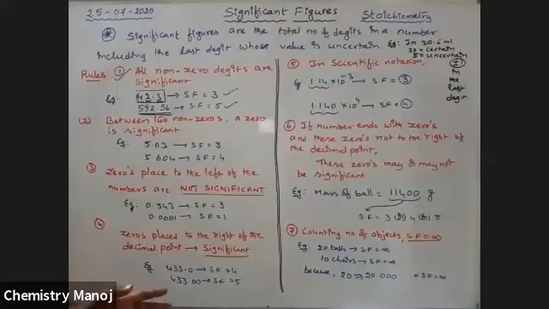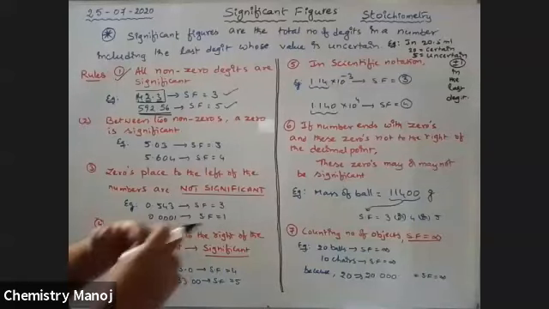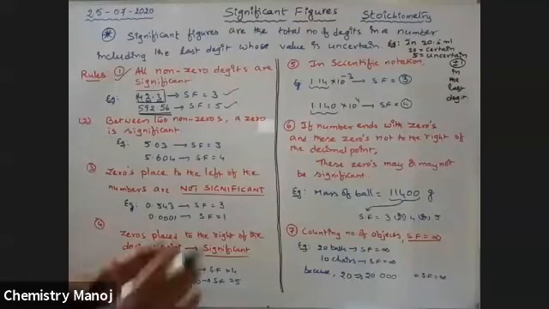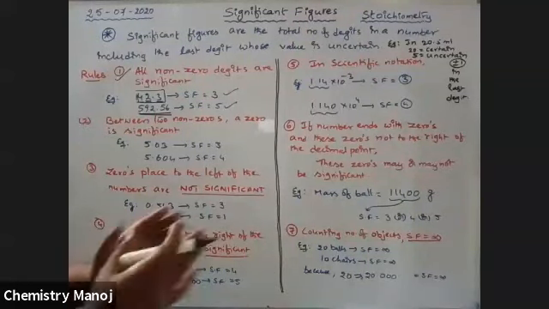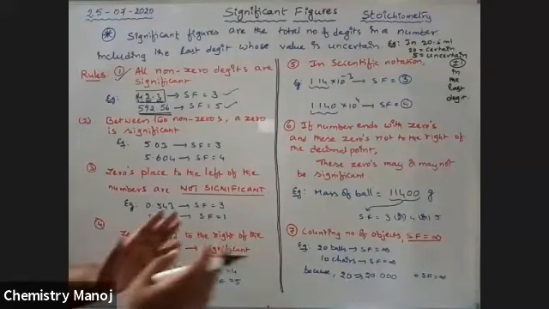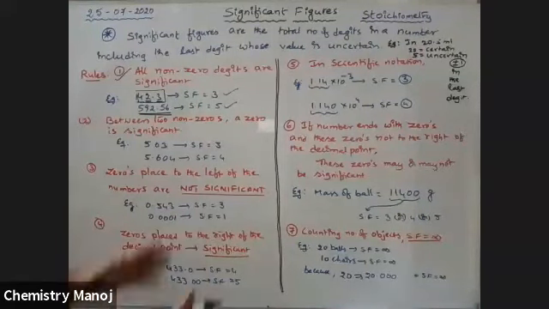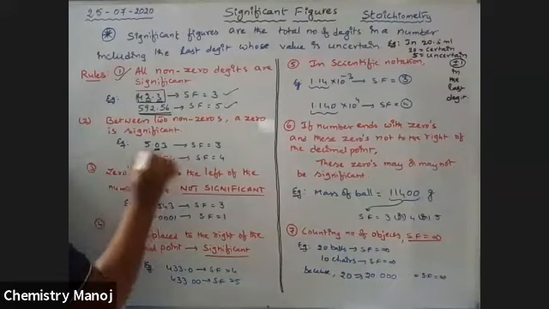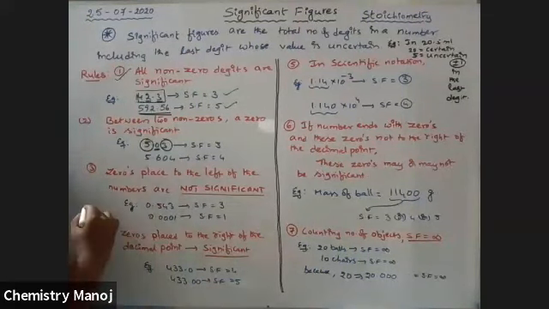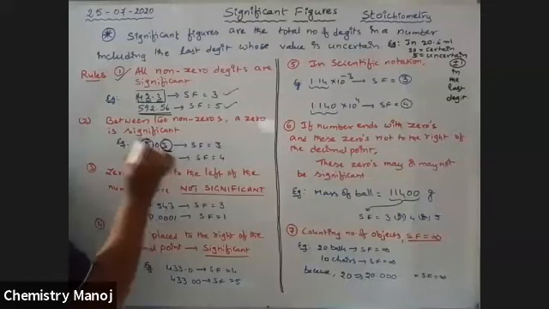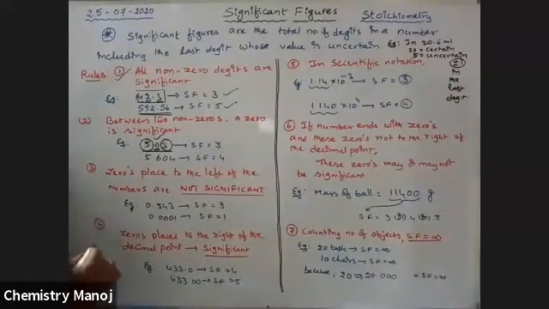Next, if zeros are there, when are these zeros considered and when are they not considered? If a zero is present between two non-zero terms, see here, here is the zero, but this is non-zero and this is non-zero. Between two non-zero terms, there is a zero, and that is considered.